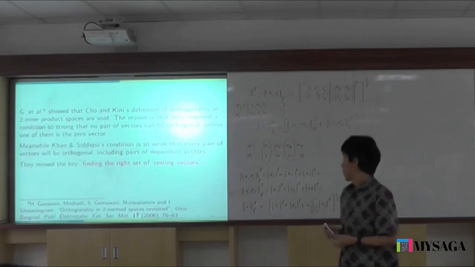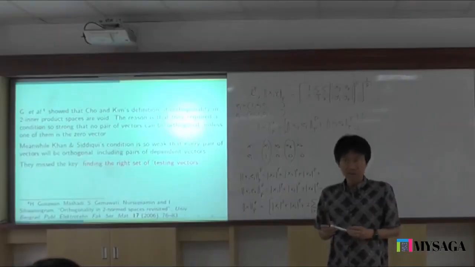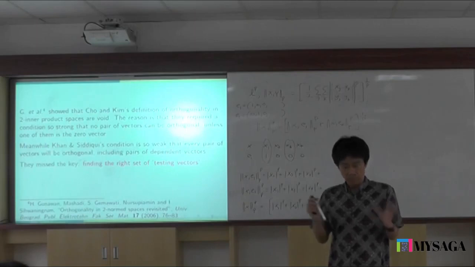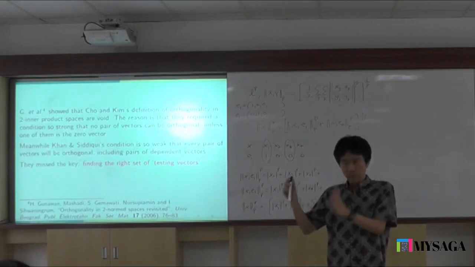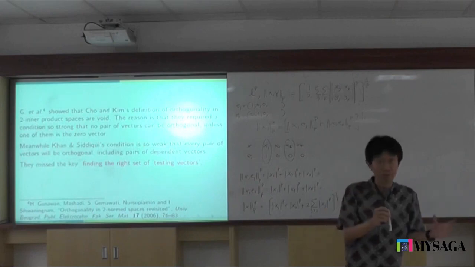So I call it the set of testing vectors. And for orthogonality, this business is a bit tricky. You don't want to have too many, but you don't want to have too few either.